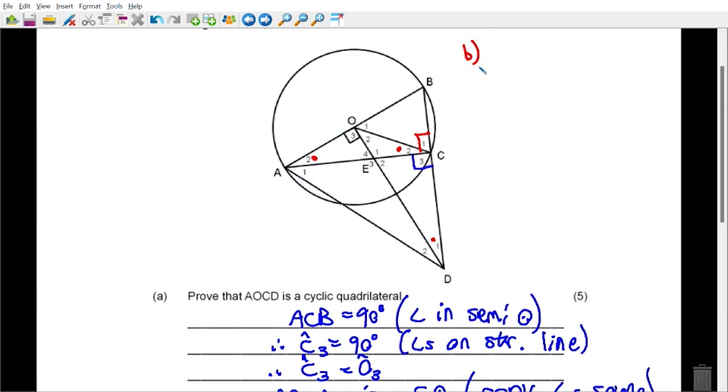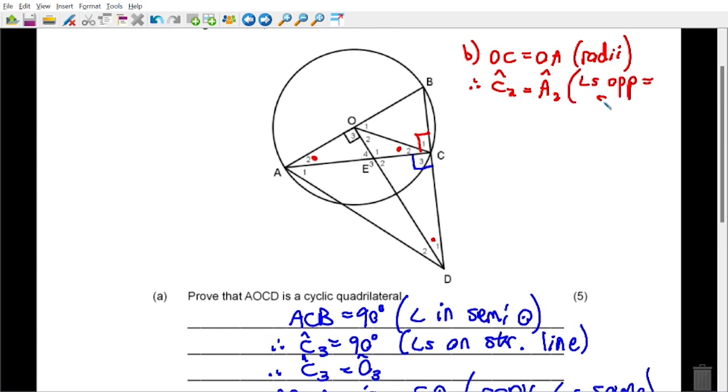This is B. All right. OC equals OA. Radii. Therefore, C2 equals A2. Angles opposite equal sides.